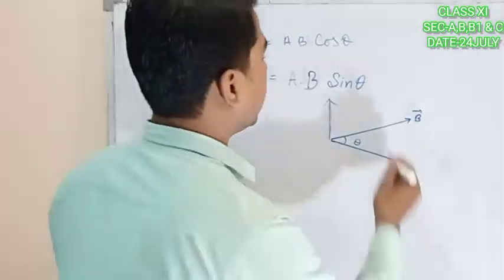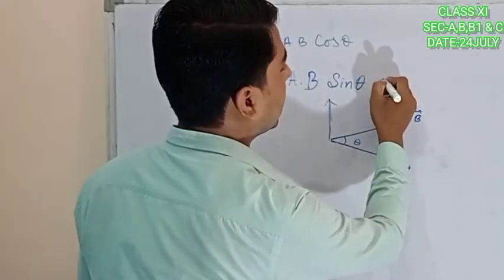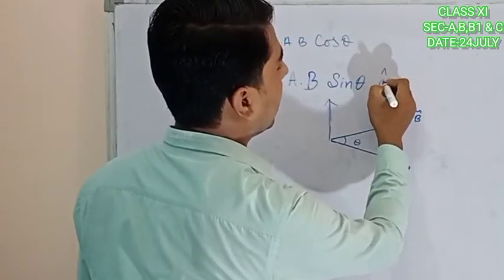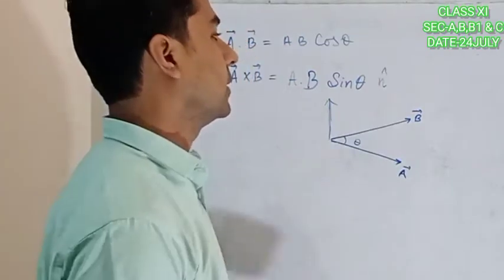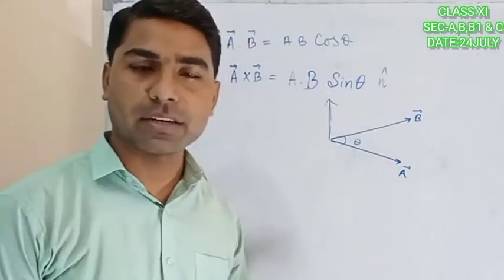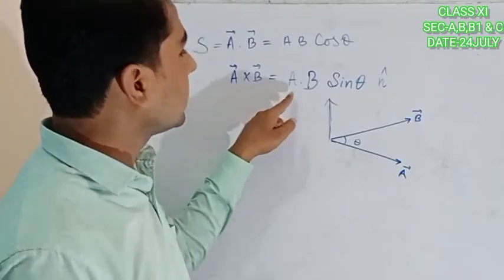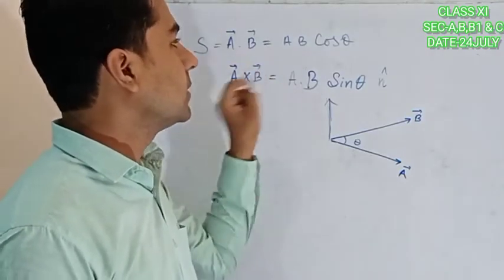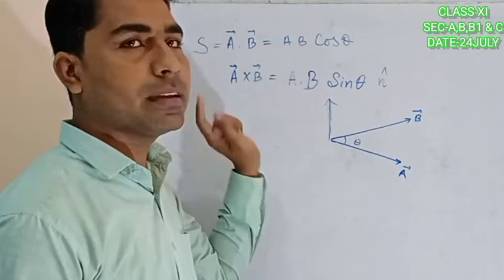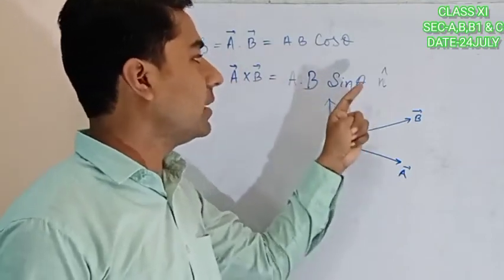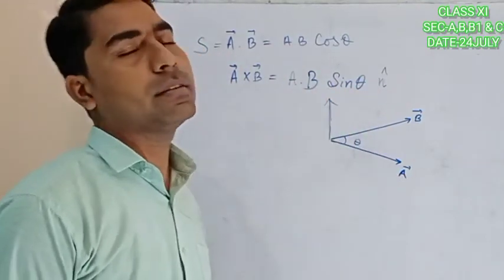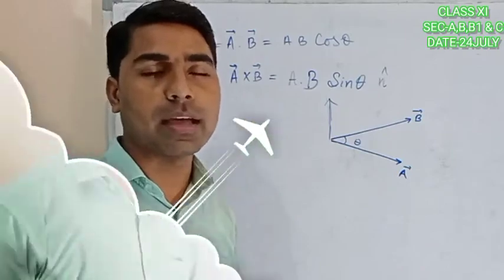So I'm writing a unit vector n cap, just to make it a vector quantity. Vector A cross vector B is the same as A B, but instead of cos it is sine, and to produce a direction quantity also, we add n cap.